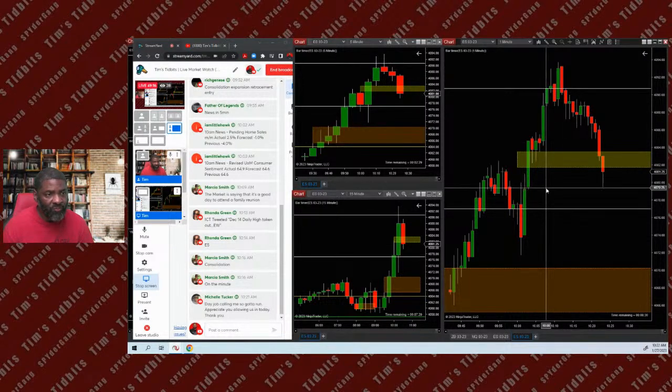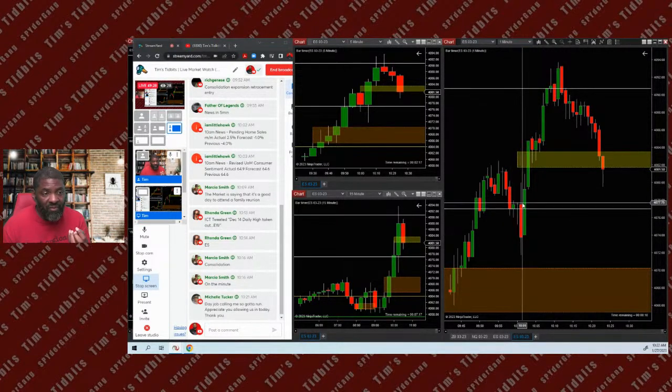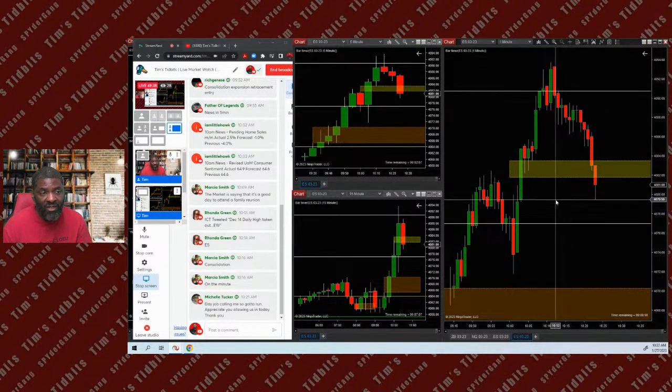You really want this volume imbalance to hold up if you want the bullishness to continue. This 1-minute order block is the last line of defense for the bullishness to continue.